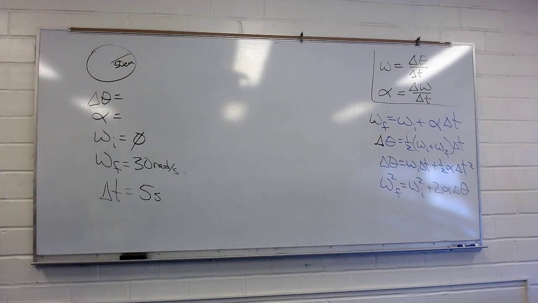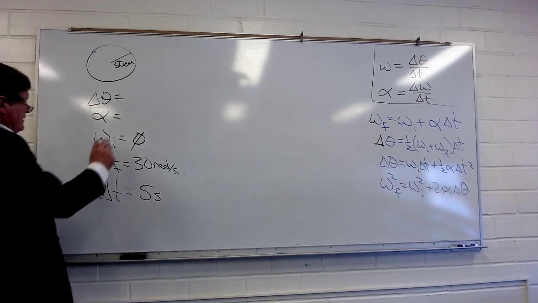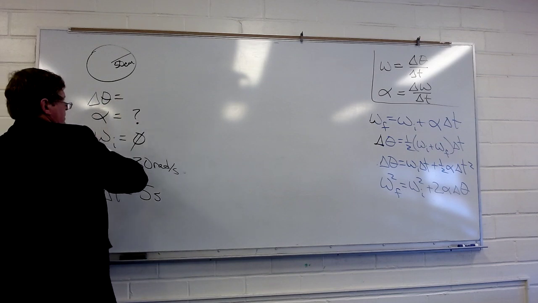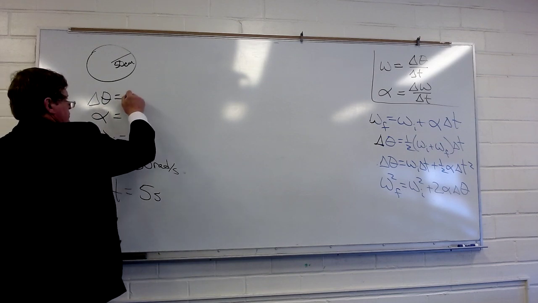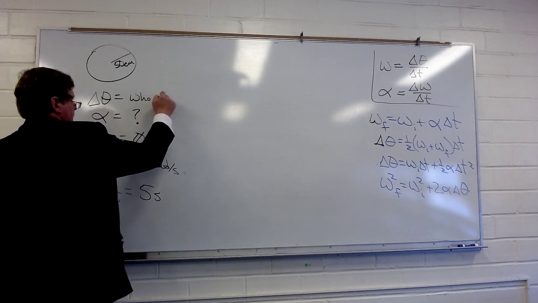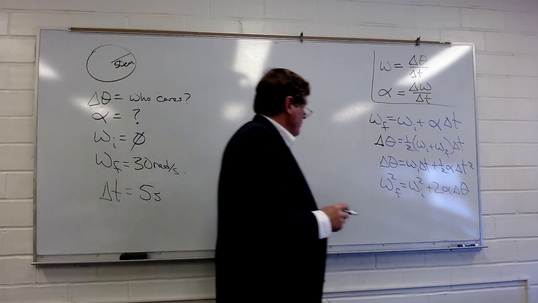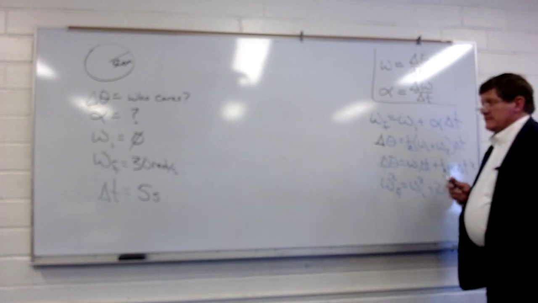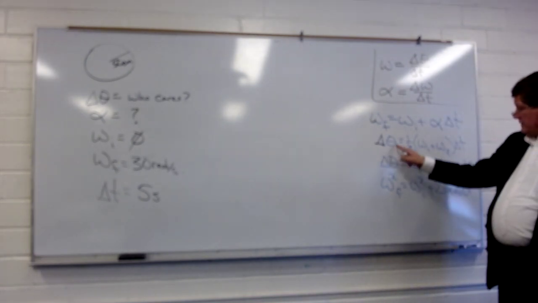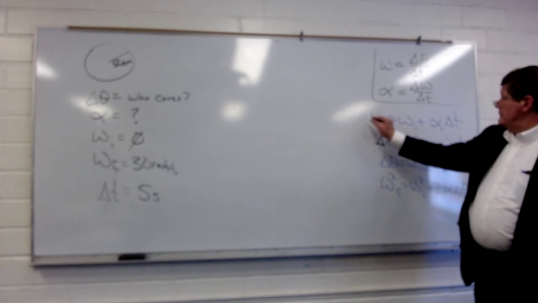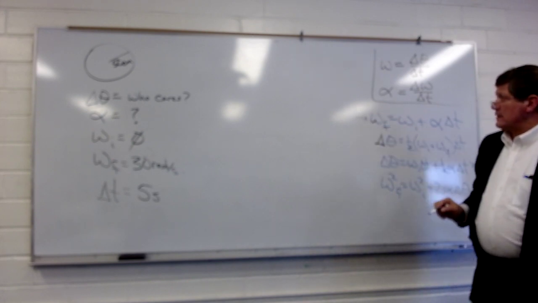So part A of this asks us to find the magnitude of the angular acceleration. That makes the angular displacement the who cares. So I come over here and look for a formula that doesn't have angular displacement in it. Well, there's angular displacement, there's angular displacement, there's angular displacement. I want to use this first equation.